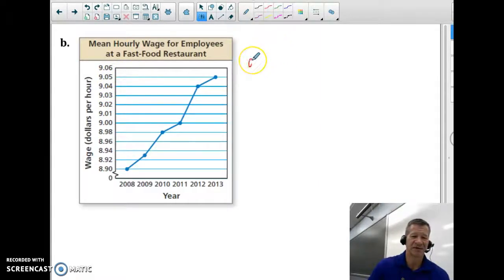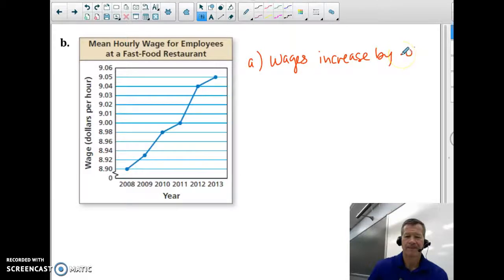So the misleading part of this one is that the wages increased by 2 cents, then changed to increasing by 1 cent. So that's what's misleading about it. Now, why does it affect what we see?